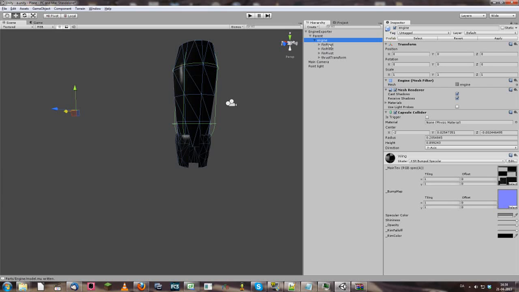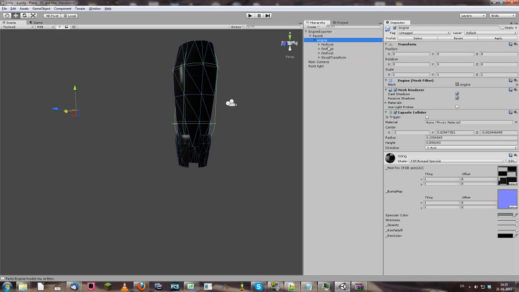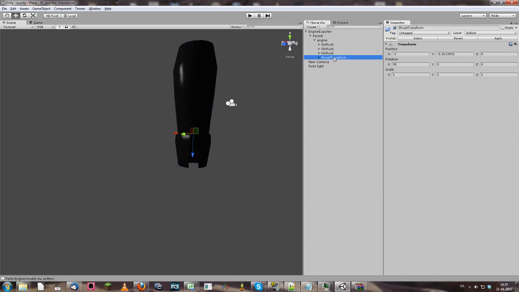But it's very important that the thrust transform is a child of a transform, because the module will look through the parent of the thrust transform to find each fin pivot that it should anchor to the thrust transform itself. So if these fin pivots were moved outside of the engine transform, they wouldn't be registered at all.